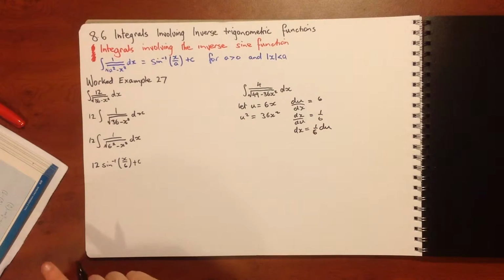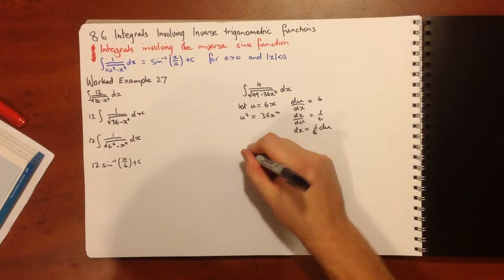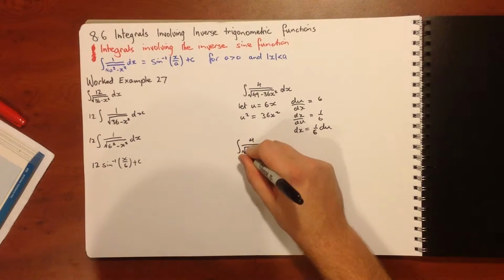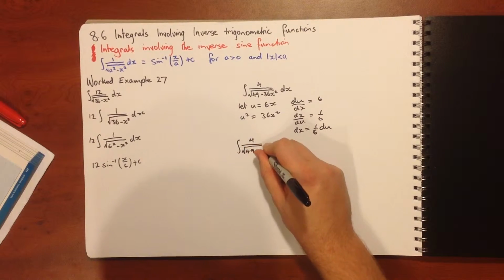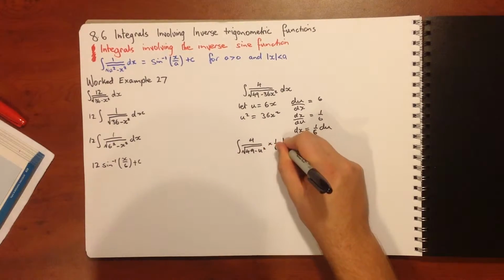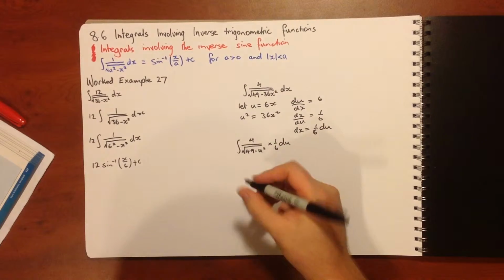So dx equals 1 on 6 times du, which means we've got the integral of 4 over the square root of 49 minus u squared times 1 on 6 du. We're going to bring our 4 on 6, or 2 on 3, out.